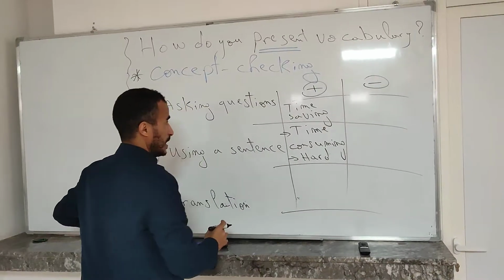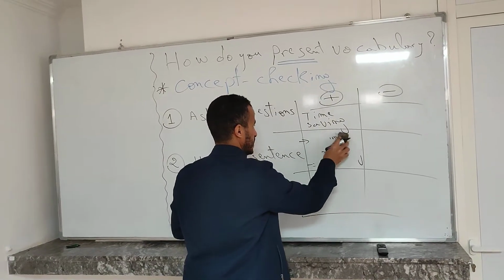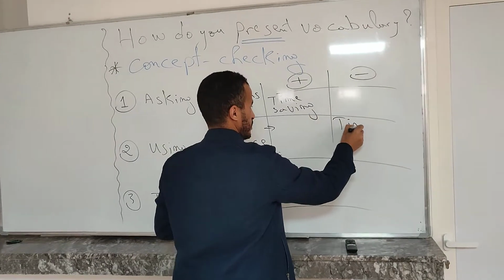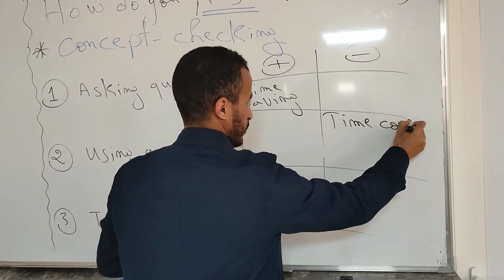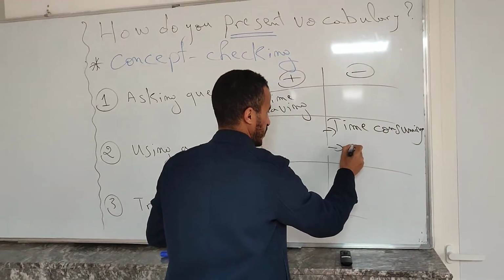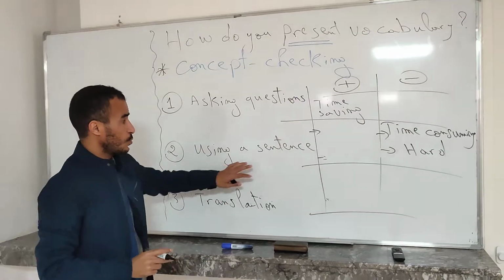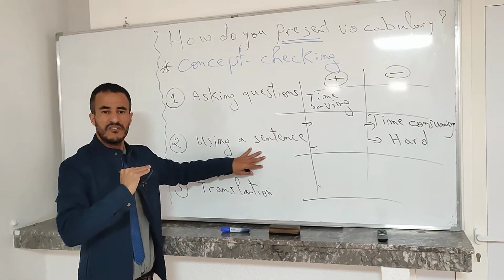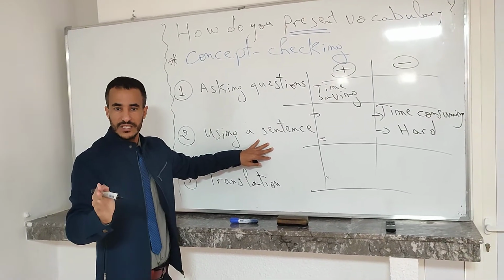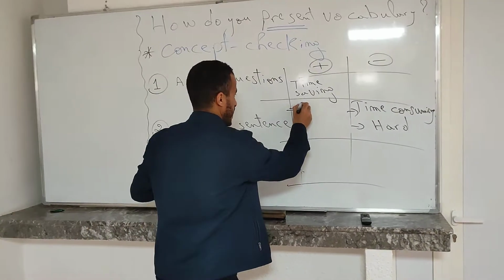Let me write this on the negative side: time consuming, and very hard, very difficult for learners. But what is good about it, it's very convenient. It shows if students have understood the words or not. So very effective.